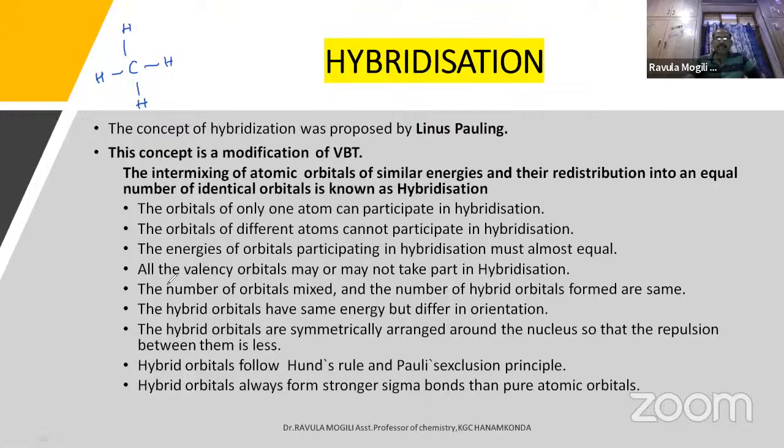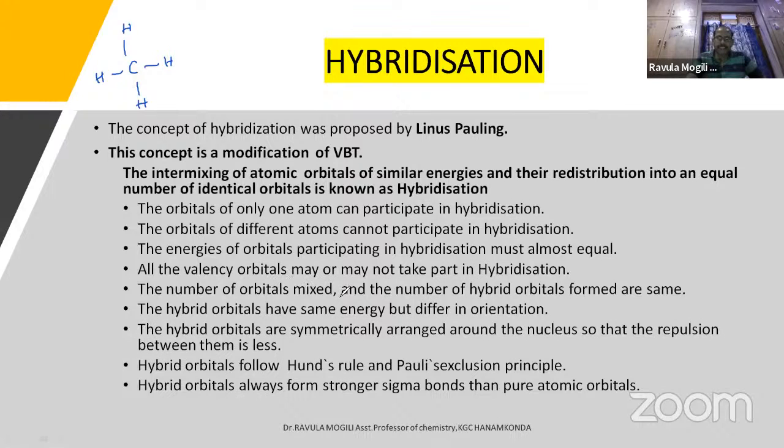The energies of orbitals participating in hybridization must be almost equal. So atomic orbitals of the same energy are involved in hybridization. All the valence orbitals may or may not take part in hybridization.